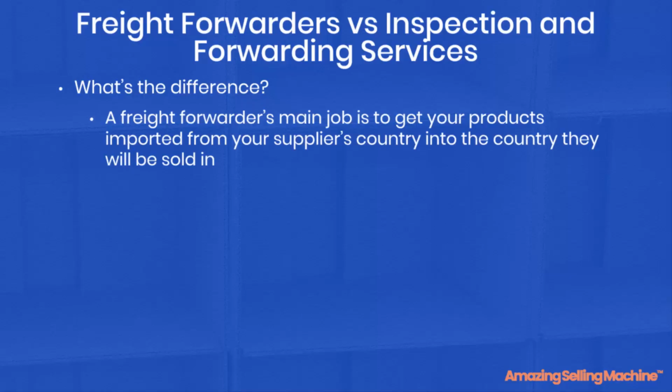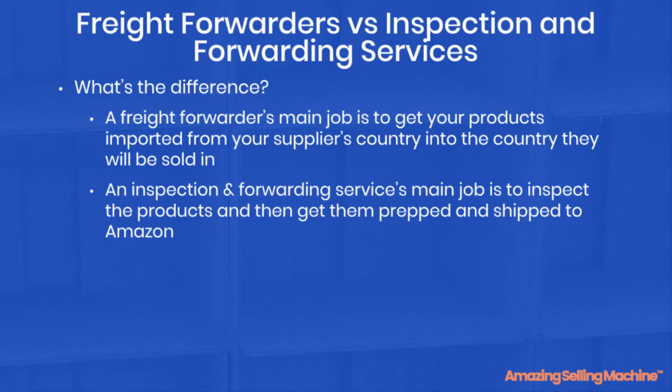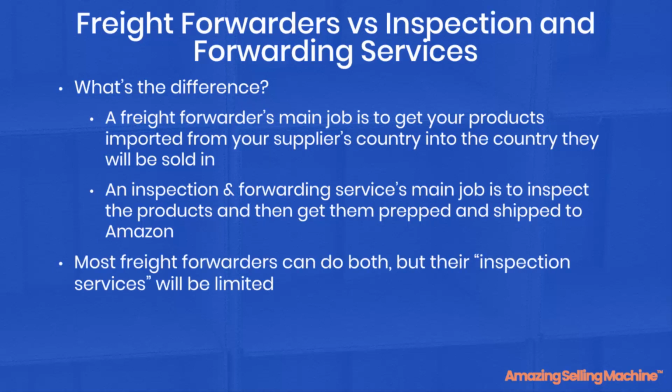A freight forwarder's main job is to get your products imported from your supplier's country and into the country that they'll be sold in. An inspection and forwarding service's main job is to inspect the products once they arrive and then get them prepped and shipped off to Amazon. Most freight forwarders can now do both jobs, but their inspection services will be limited because their specialty is importing.